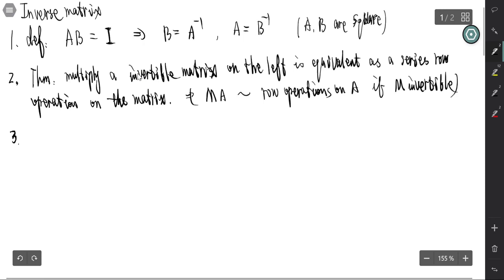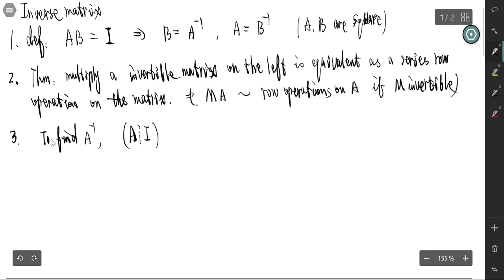That is, to find A inverse, we do the row operations on A and I. This is a bigger matrix: A is the first matrix and I is the second, combined as one bigger matrix.